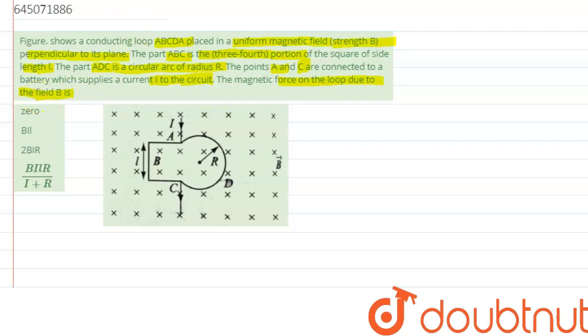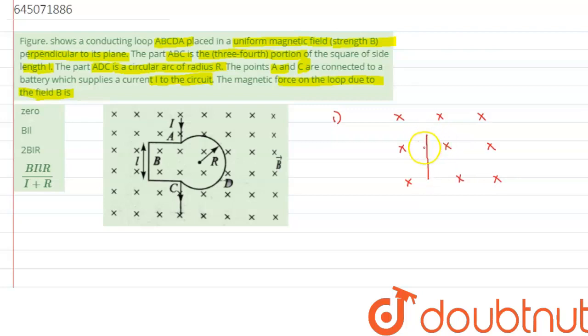So before starting, I would like to recall a few important points regarding a loop that has been placed in a magnetic field. Let's suppose, in a magnetic field, a current carrying rod is placed.